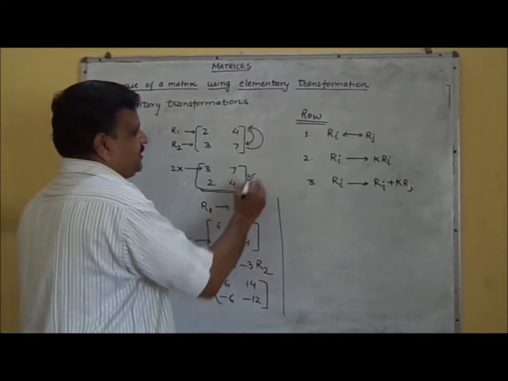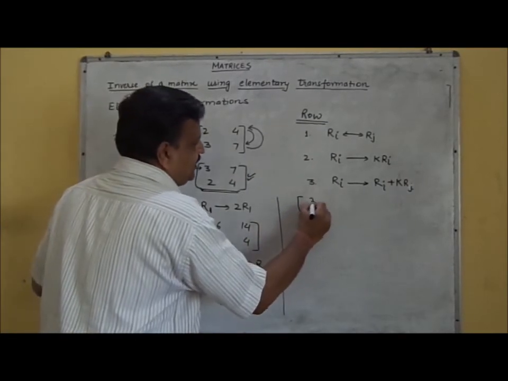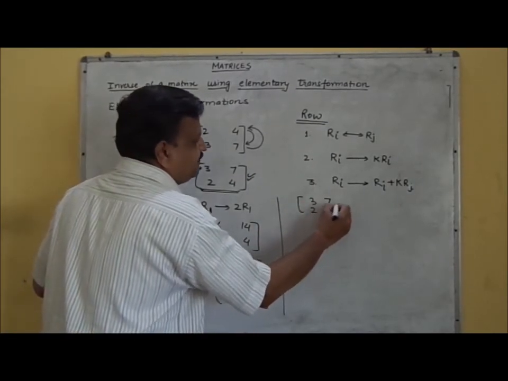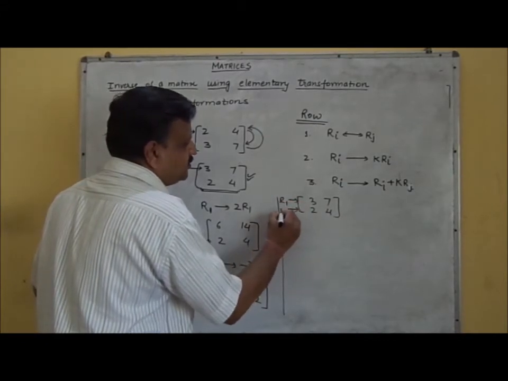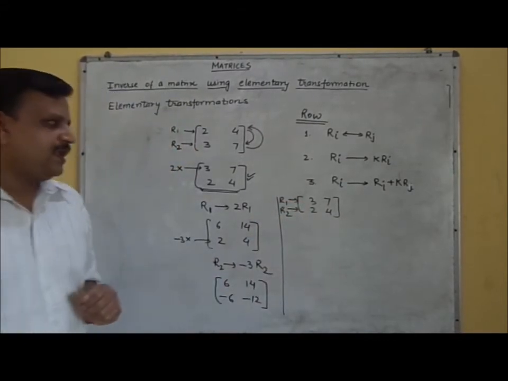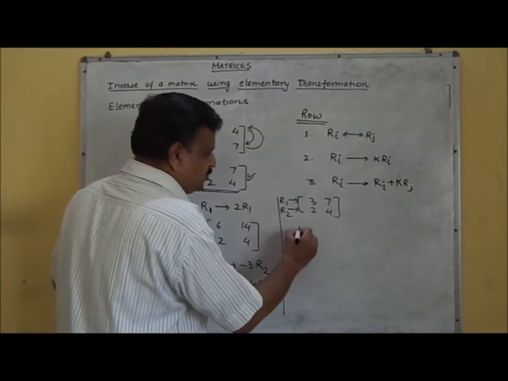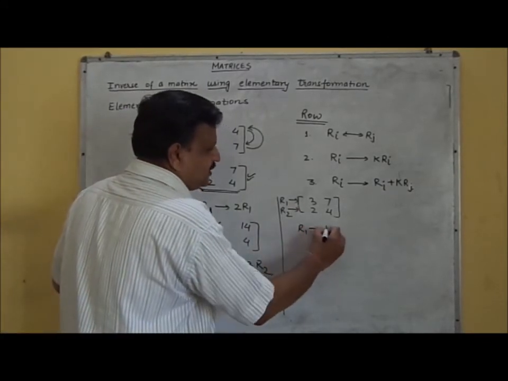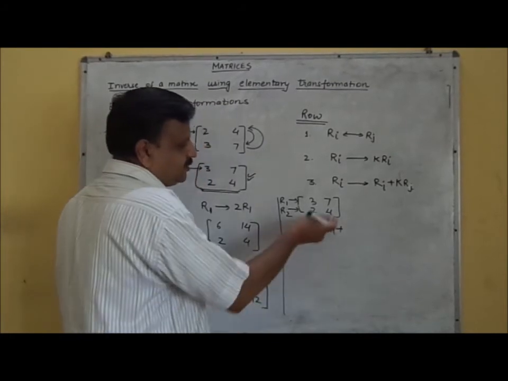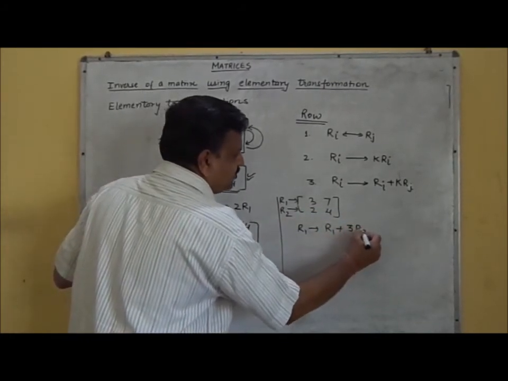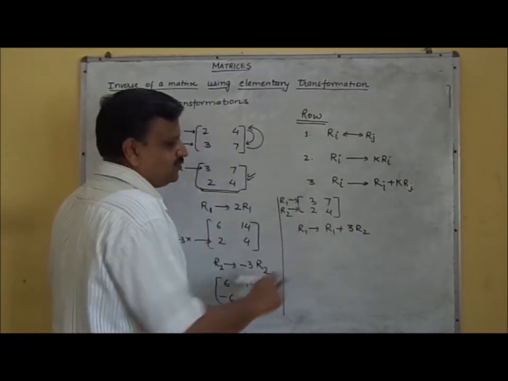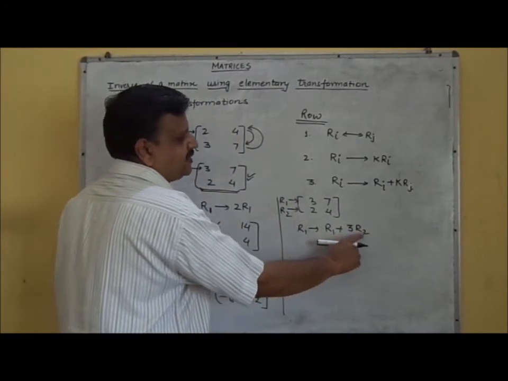Suppose this is the matrix: 3, 7, 2, 4. This is row 1 and this is row 2. We can replace row 1 as row 1 plus, suppose we multiply by 3, so we write it as 3 row 2. So we replace row 1 as row 1 plus 3 times row 2.